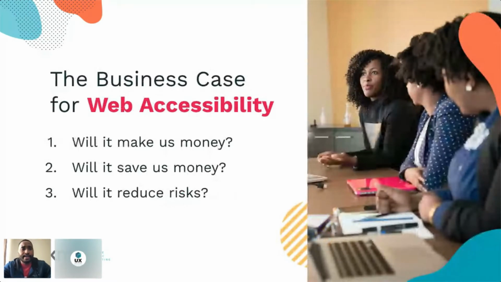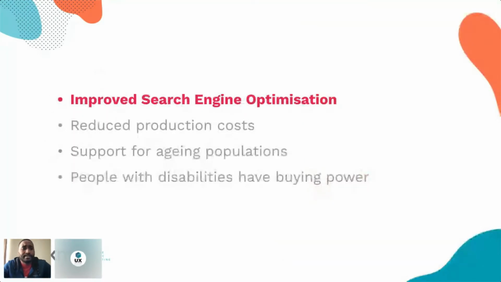So to create a compelling business case, it's important to highlight the key accessibility benefits. There are both tangible and intangible benefits to businesses that dedicate resources to digital accessibility. So for example, customers will be able to find your site more easily, good SEO.